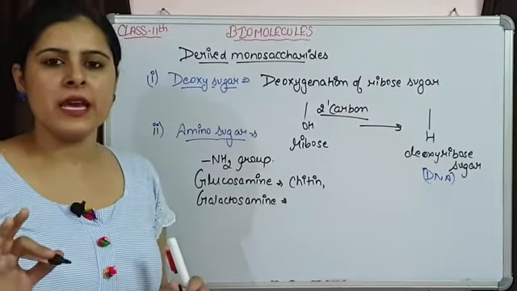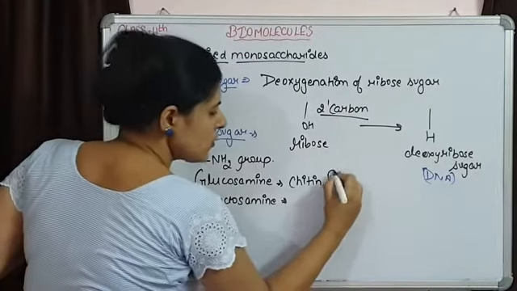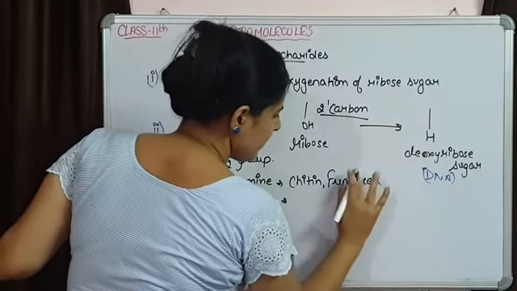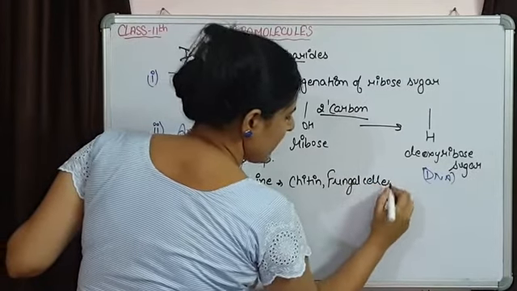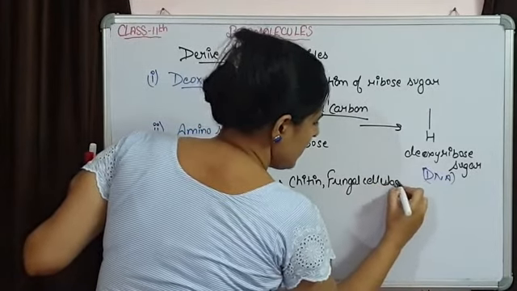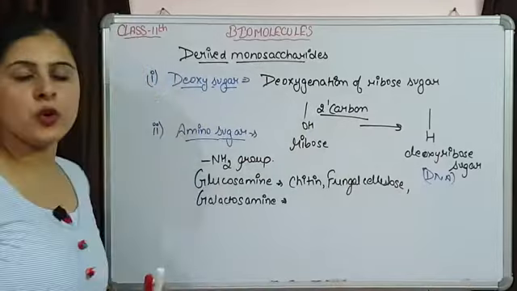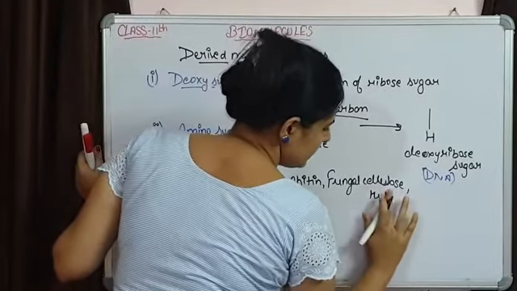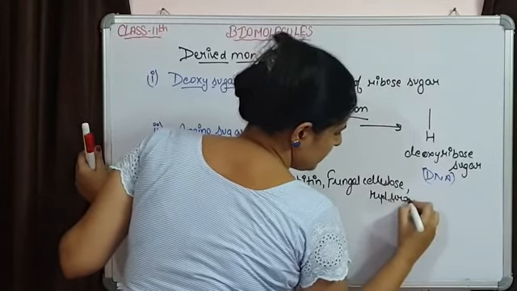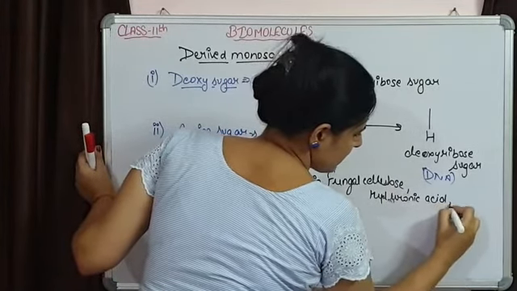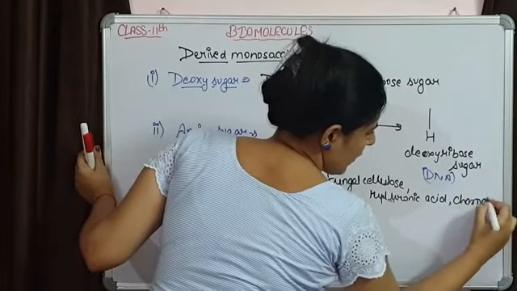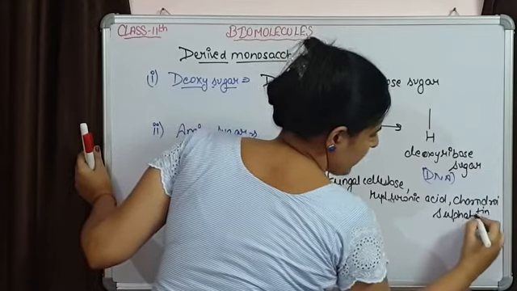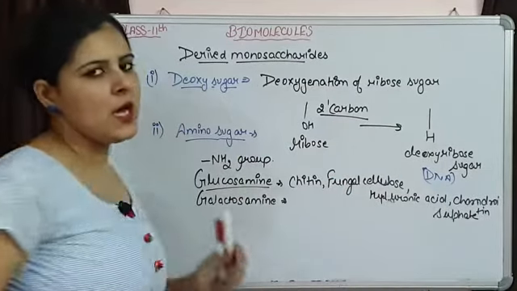Then fungi have cellulose also. So fungal cellulose also has glucosamine. Hyaluronic acid is there, chondroitin sulfate is there, all these have glucosamine.